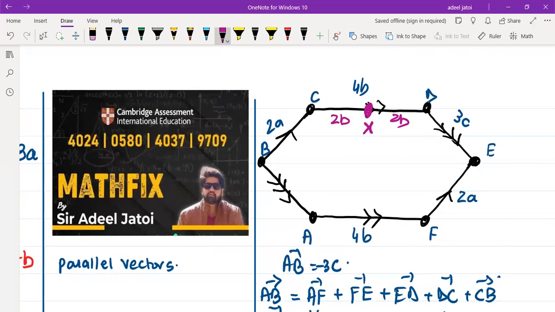If we say that W is the midpoint of DE, what we're going to do is divide it by 2. So this is going to be 3 upon 2C, and this is also going to be 3 upon 2C.